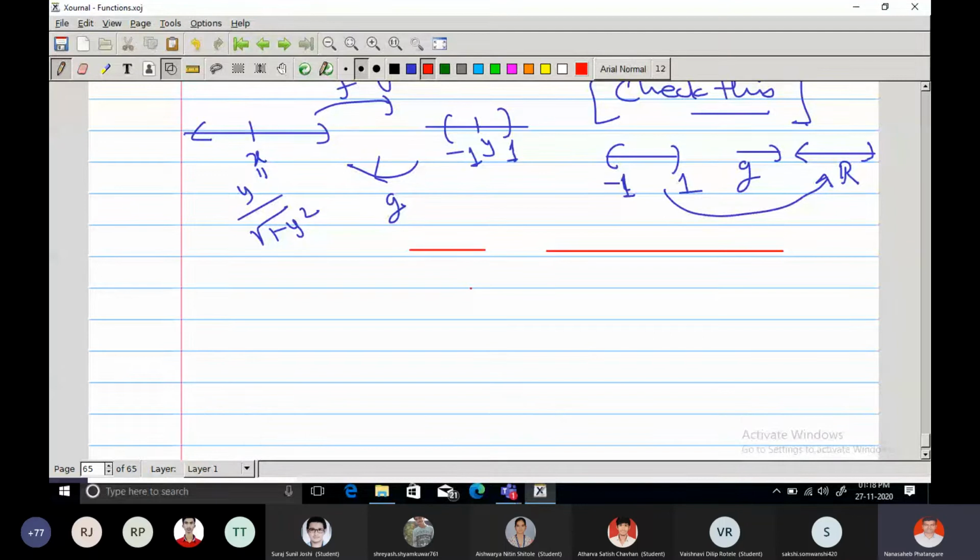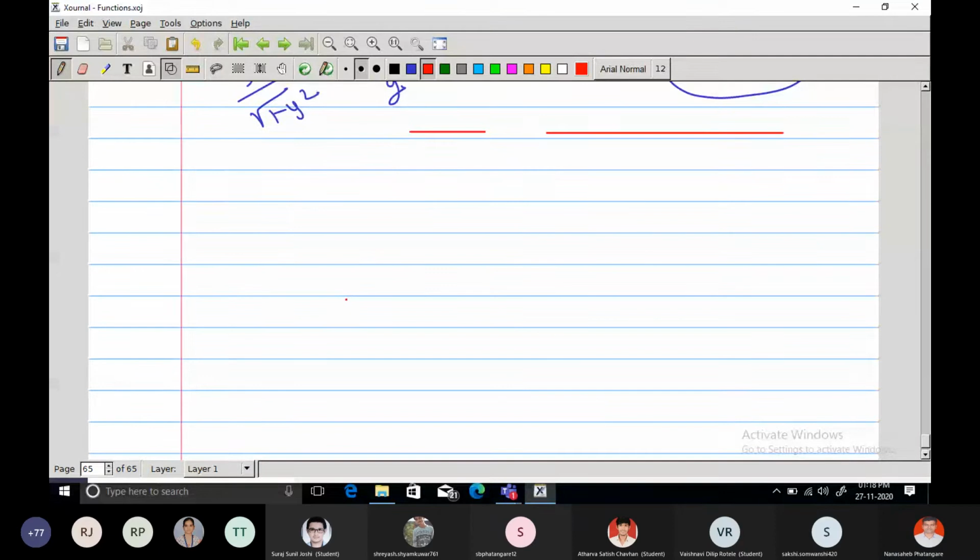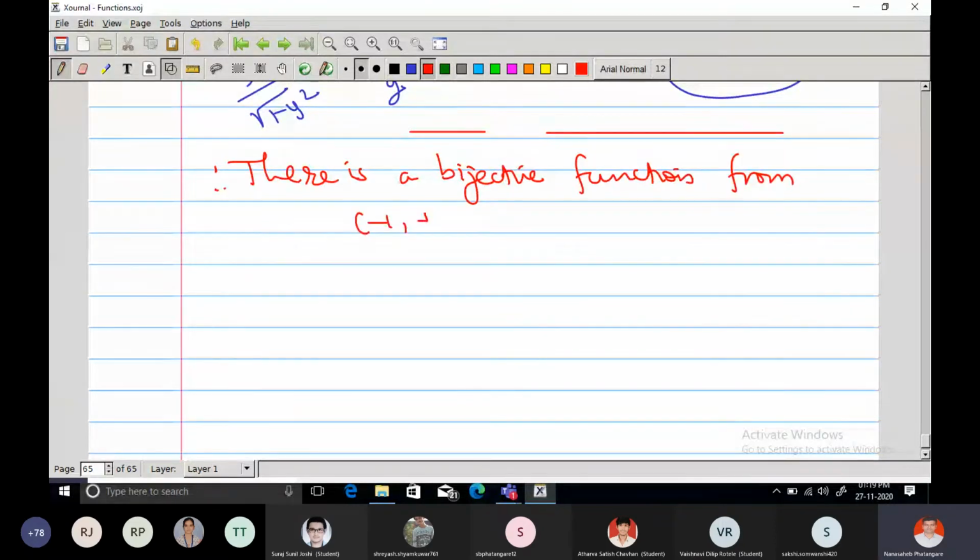And therefore, there is a bijective function from a small interval to the infinite real line.